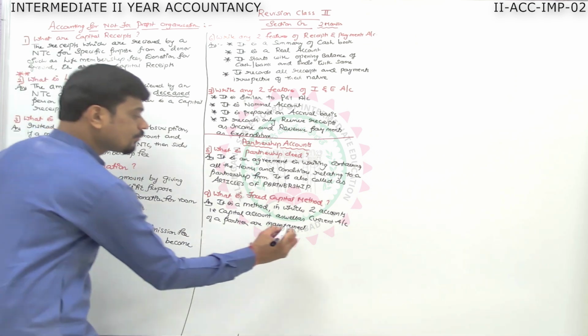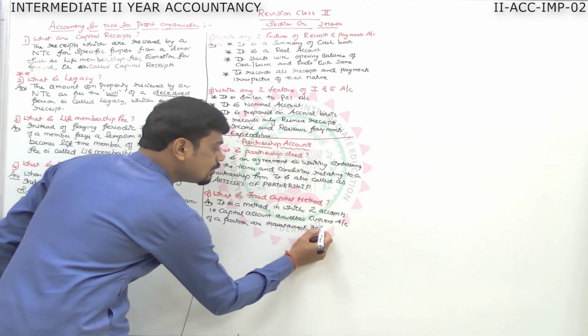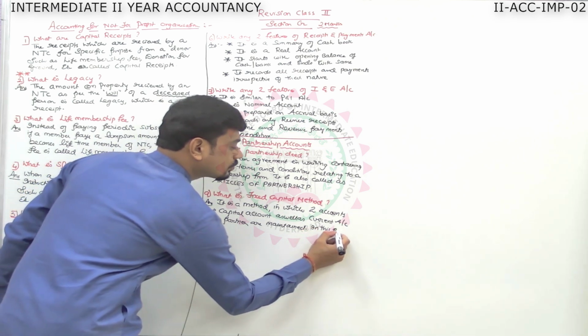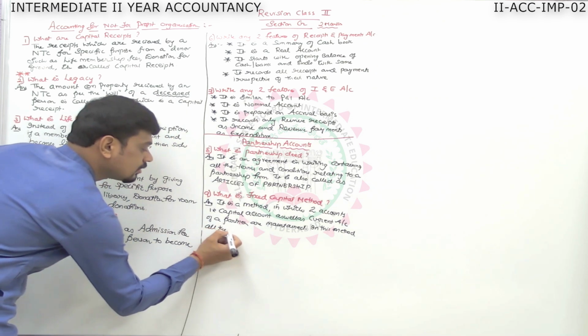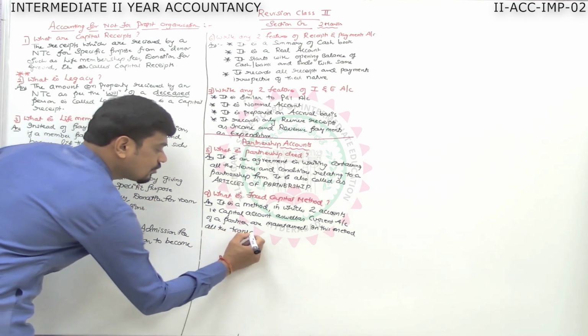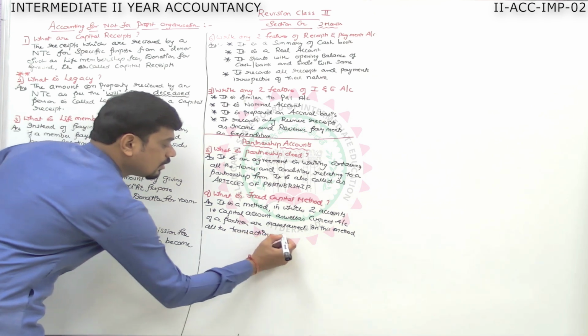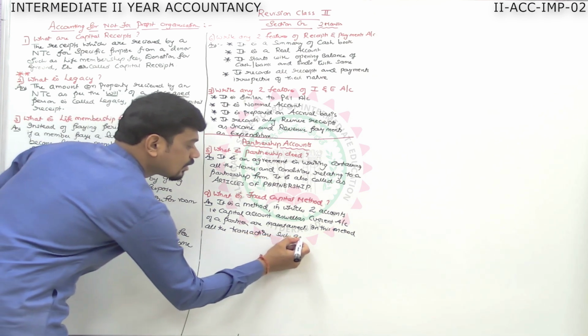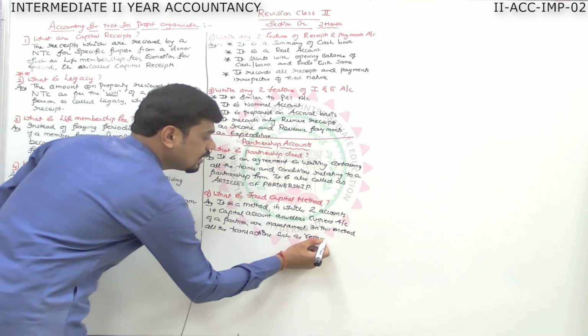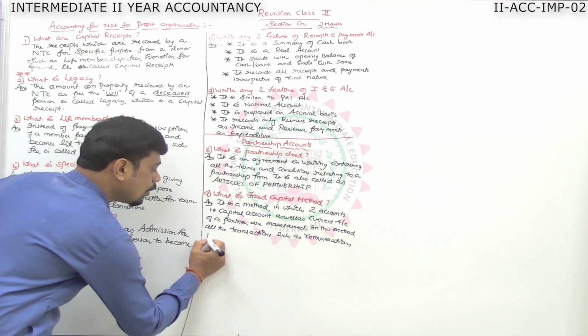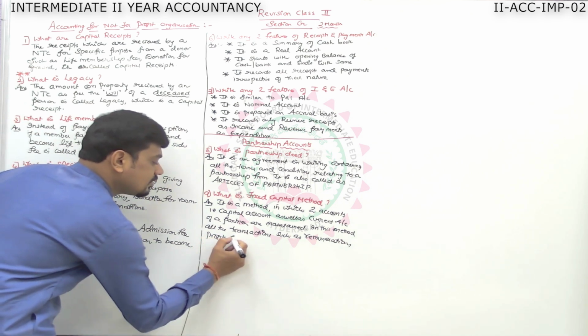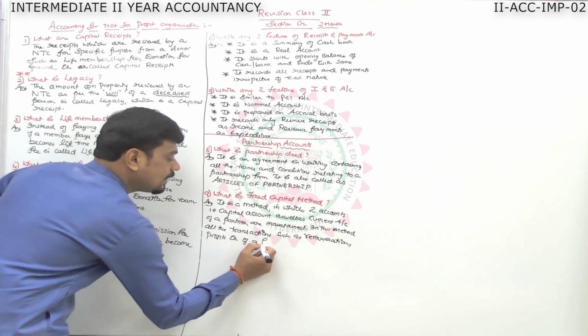Then you'll write, in this method all the transactions such as remuneration, profit, etc. of a partner are recorded in which account? In current account.